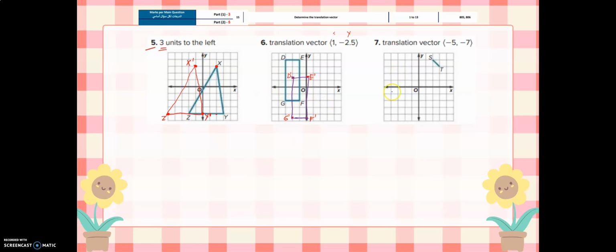Alright, so for number 7, it's having translation vector -5, -7. That means your x will go to the left and your y will go down. Okay, so from S, we are going to count 5 units to the left. So 1, 2, 3, 4, 5, and then 7 down. 1, 2, 3, 4, 5, 6, 7.